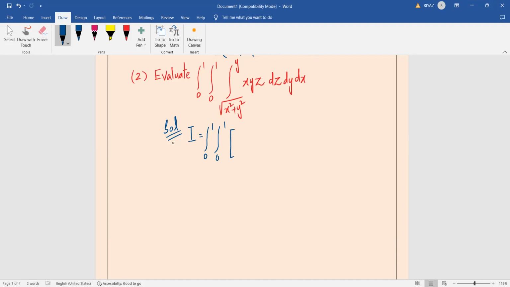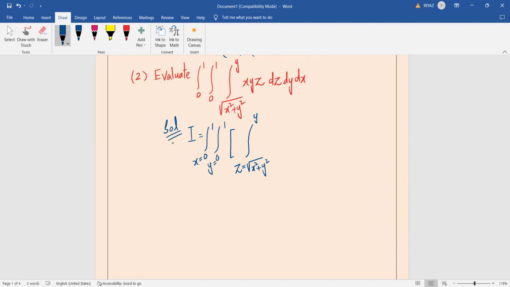So let me start integrating with respect to z, and clearly we have to mention this is the limits of z, x square plus y square. If you have a constant limit, then choice is yours. And if it is z over, then out of these two we can assume anyone is y, and anyone is for x, right?